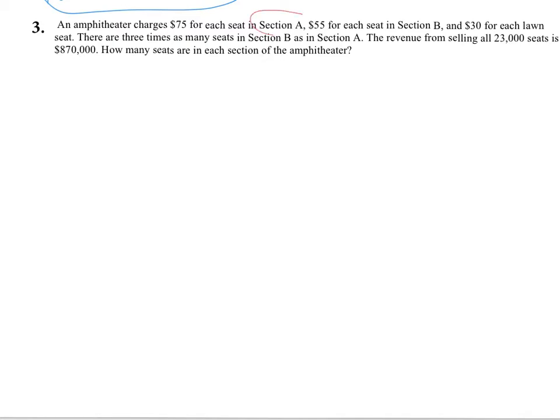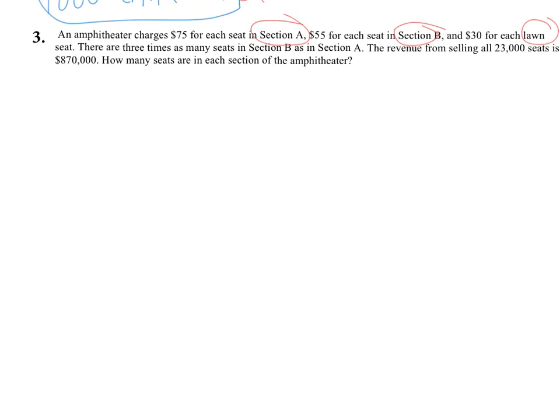So again, real obvious to figure out here. You have a section A, a section B, and lawn. So you could just very well use the letters that are already given to it. So like A for section A, B for section B, and L for the lawn section. So then the next step again is to attach some sort of units to these.